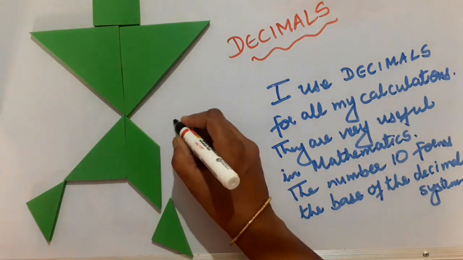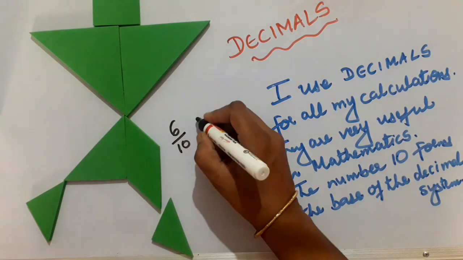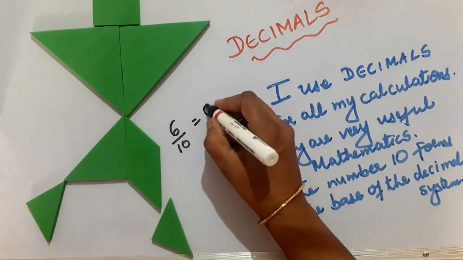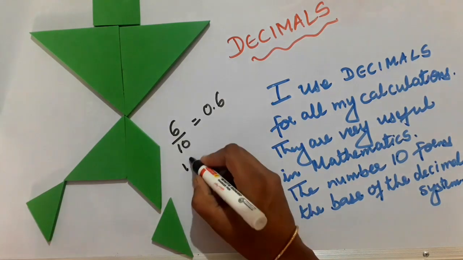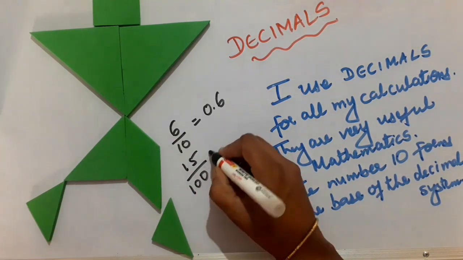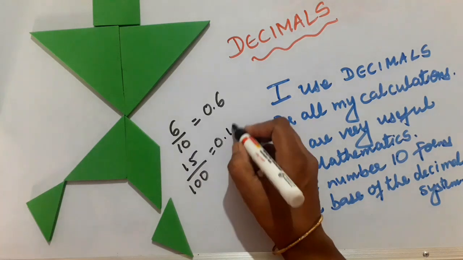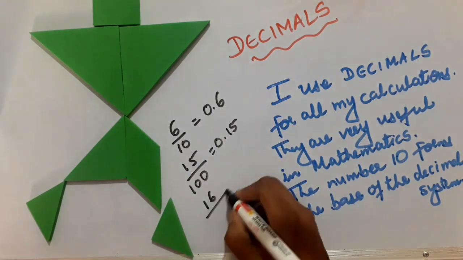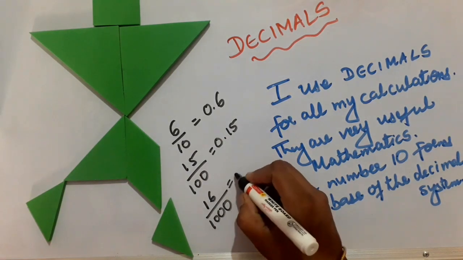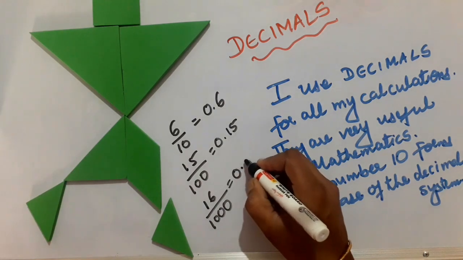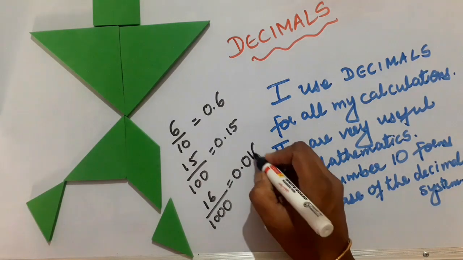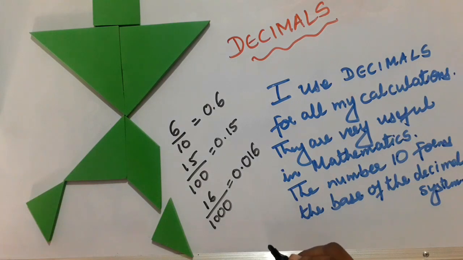For example, 6 upon 10 can be written as 0.6. 15 upon 100 can be written as 0.15. 16 upon 1000 can be written as 0.016. Fine.